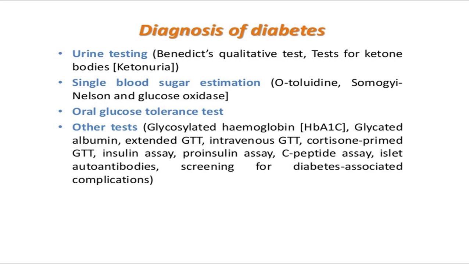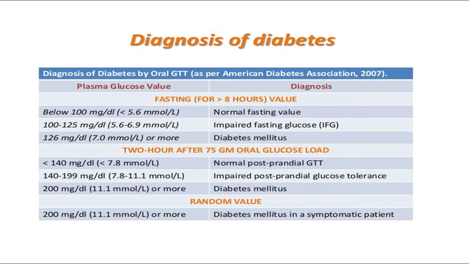Other ancillary or rarer tests are the insulin assay, C peptide level and proinsulin assay, to differentiate between type 1 and type 2, whether endogenous synthesis of insulin occurs or not. There are also tests for islet cell autoantibodies, such as GAD65 autoantibody, and screening for diabetes-associated complications.